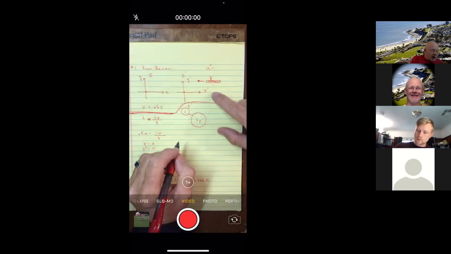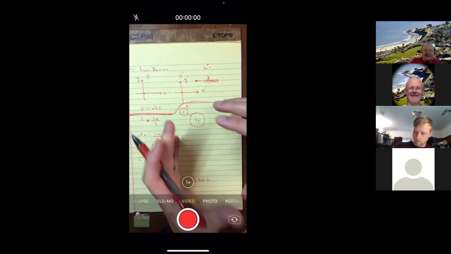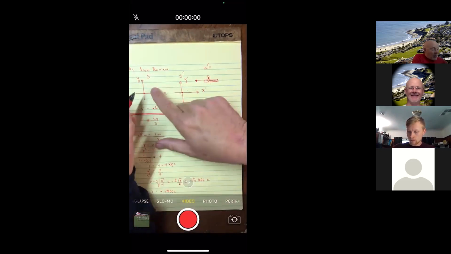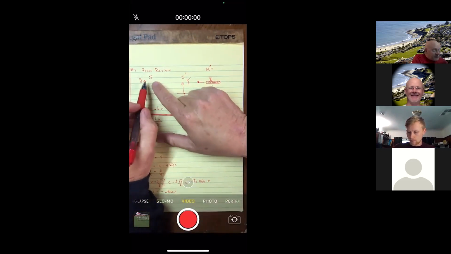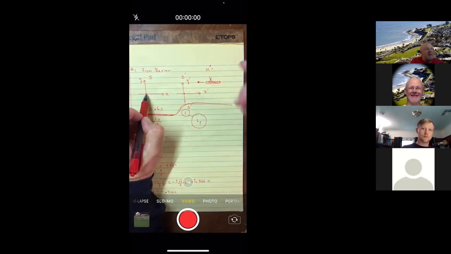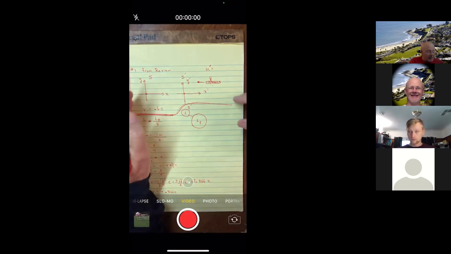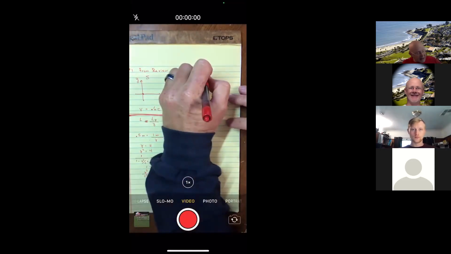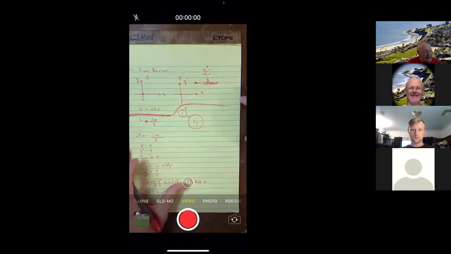So U prime is the velocity of the object that is being moved. And then likewise over here, the unprimed system is looking at the moving meter stick. In fact, that's the question. Determine the speed of the stick as measured by the observers in both S and S prime. So, okay, it's both. But from the person in the unprimed system, we were going to call that a U.